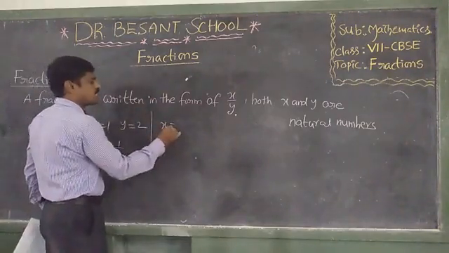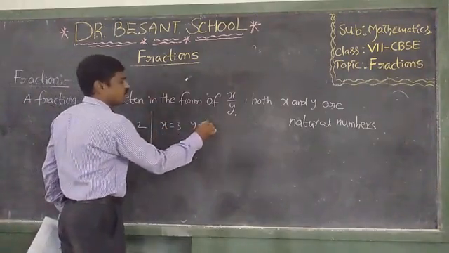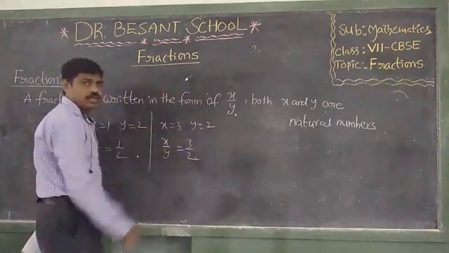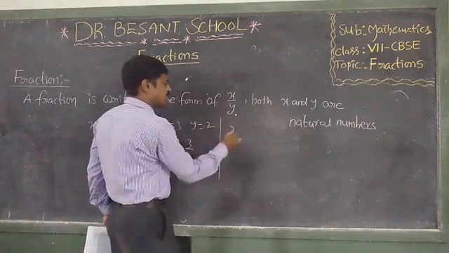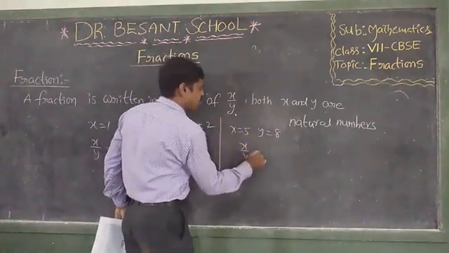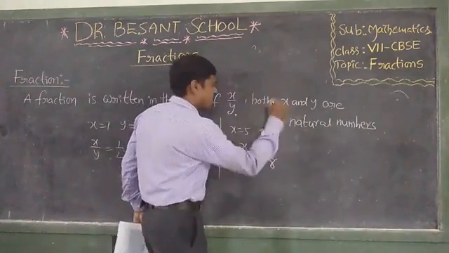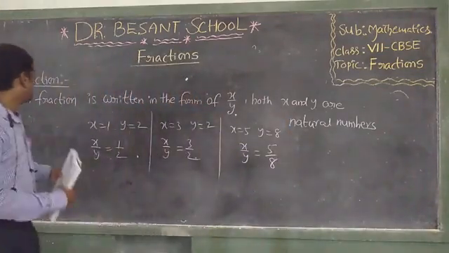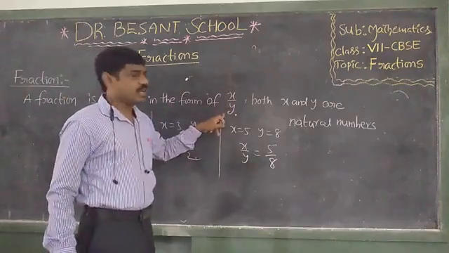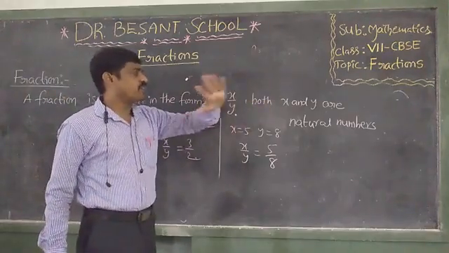Okay. Suppose x is equal to 3, y is equal to 2, then x by y is equal to what? 3 by 2. Suppose x is equal to 5, y is equal to 8, then x by y is equal to what? 5 by 8.